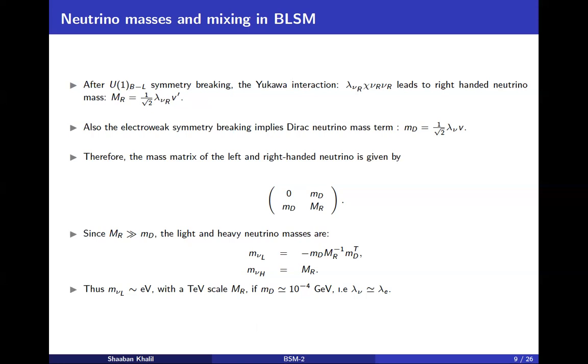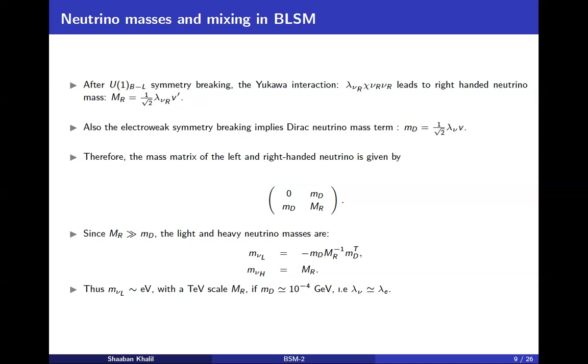Now the mass of the right-handed neutrino is fixed by the scale of the breaking of B minus L. It is not any mass, not 10 to the 13, 10 to the 11, 10 to the 3, 10 to the 4. It is not an arbitrary number. It is related to the vacuum expectation value of the symmetry breaking times lambda nu.